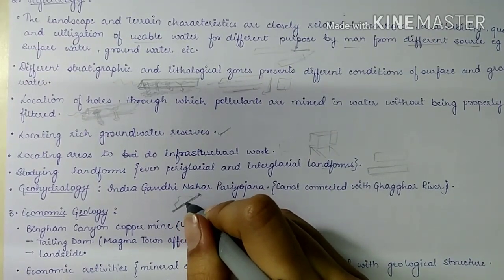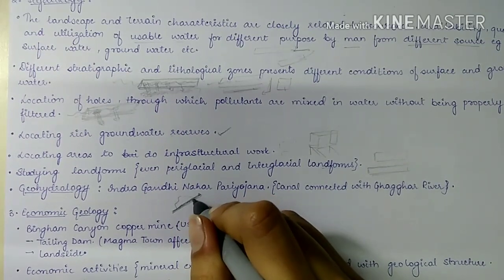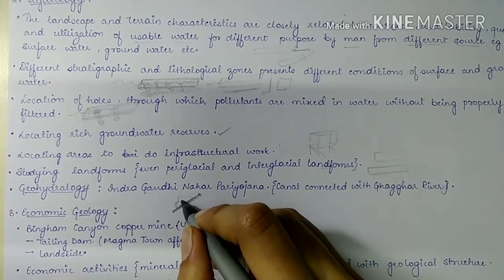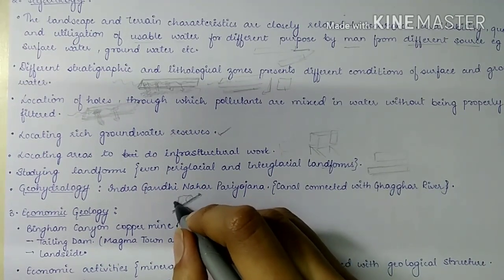The canal was to be used for irrigation so that agriculture could flourish.